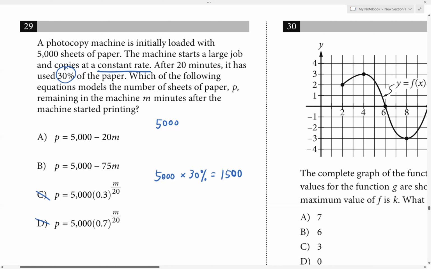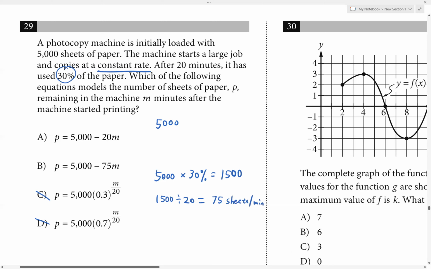So how many sheets of paper per minute is that? Well, we can do 1,500 divided by 20. That gives us the number of sheets of paper that we use per minute. 1,500 divided by 20, we get 75. So 75 sheets per minute.